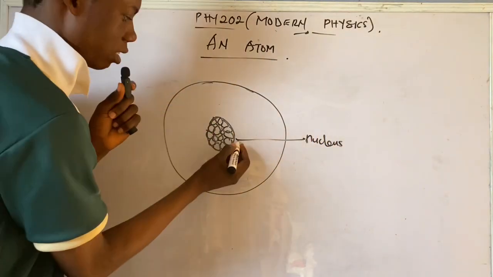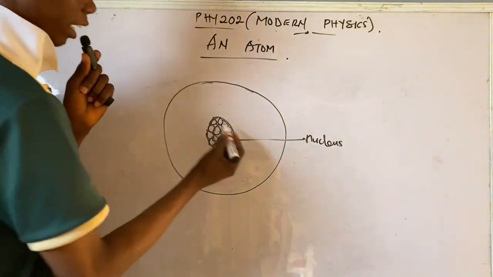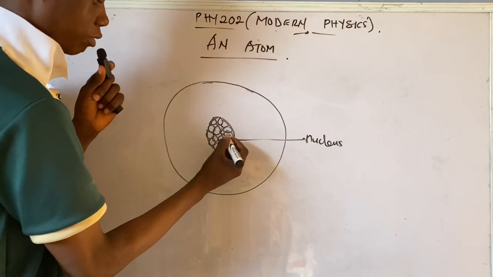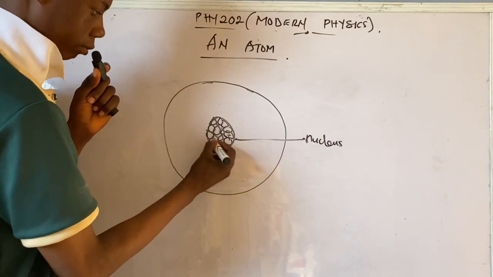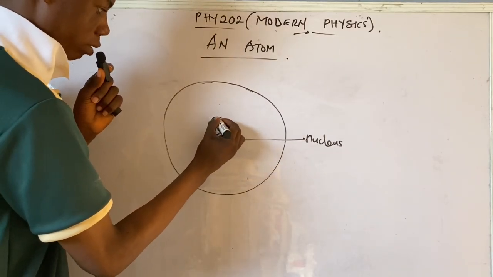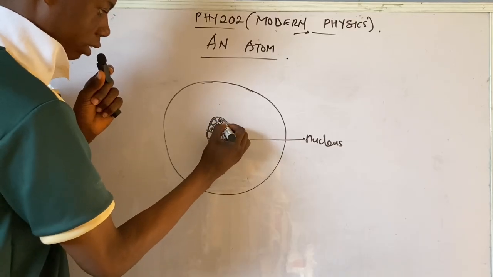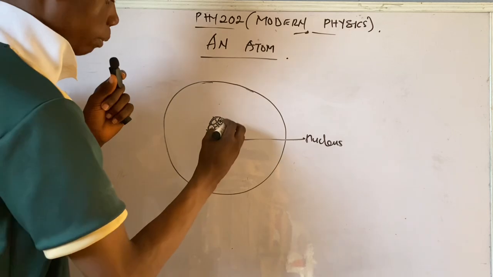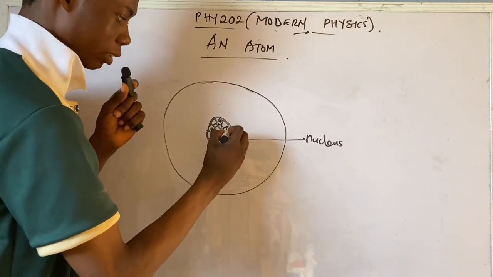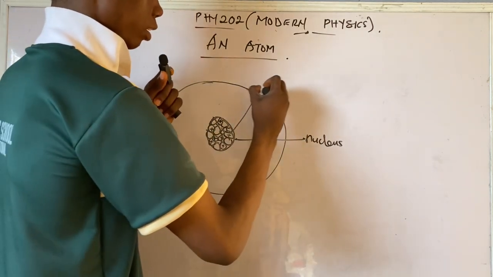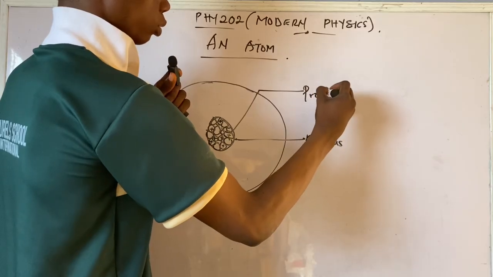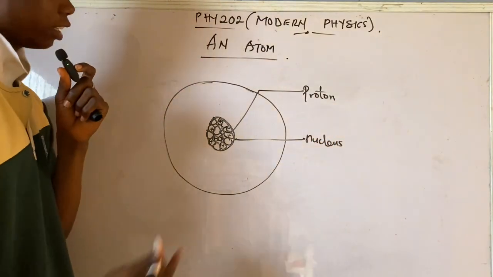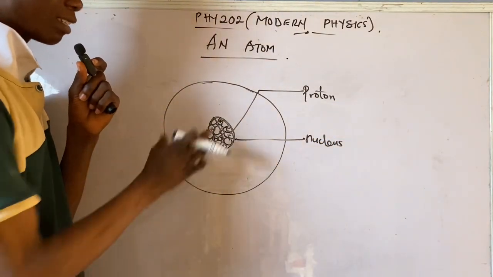This is an atom, and this is the nucleus of that atom, inside which we have positive charges. This plus means positive charge, and there are also some chargeless particles. The positively charged particle here is called the proton.